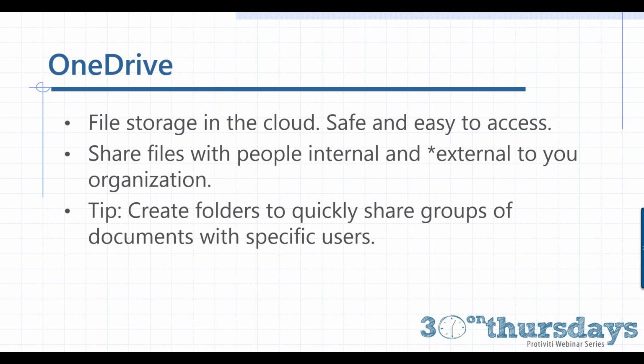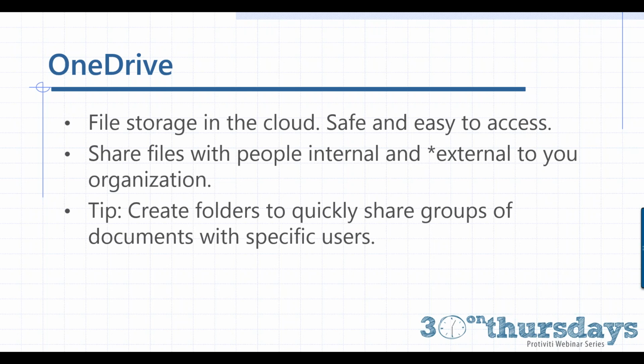One tip for if you are using OneDrive as a file sharing platform is to create folders. If you have a group of documents that you're working on, let's say you have a main document and maybe some supporting documents and you want to share them with some specific users, I recommend creating a folder for that and then actually sharing the folder.